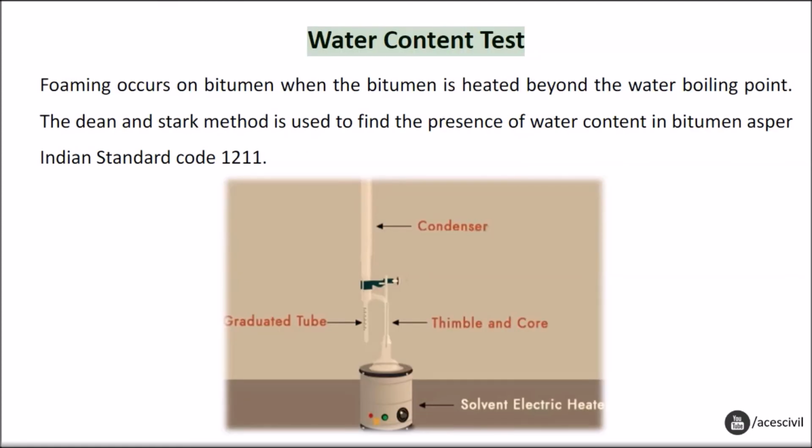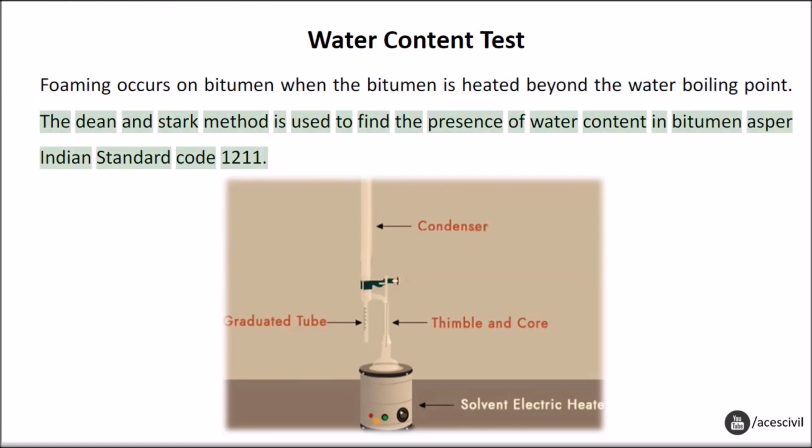Water content test. Foaming occurs in bitumen when the bitumen is heated beyond the water boiling point. The Dean and Stark method is used to find the presence of water content in bitumen as per Indian Standard Code 1211.